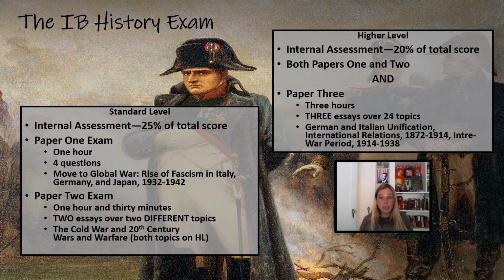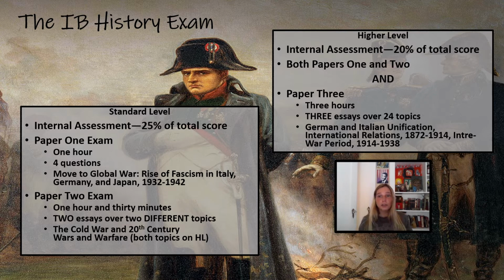If you're SLing, you then take a paper 2 exam as well. You get 1 hour and 30 minutes to take a paper 2 exam. You write 2 essays over 2 different topics. So our topics for paper 2, and we study them really at the end of your junior year, we start paper 1, and then your senior year is really just paper 1 and paper 2 because it's all 20th century.